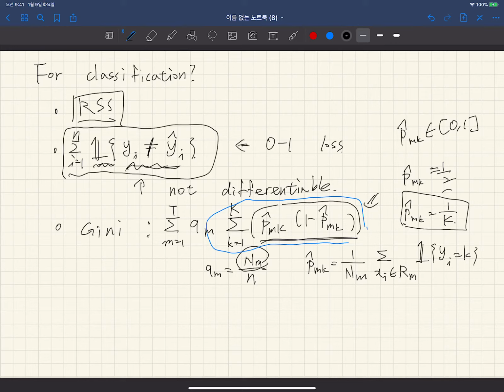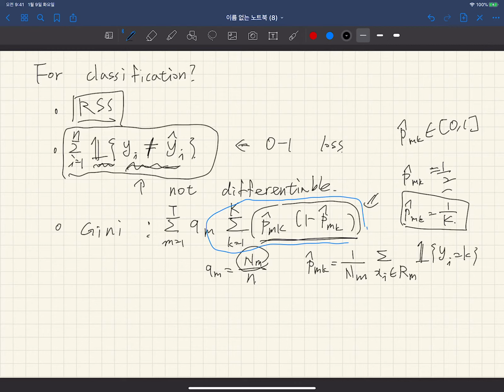And when the p hat values are equally distributed, the partition contains almost zero information. Any decision is not a good choice because there is no majority, so that is kind of just random guessing.